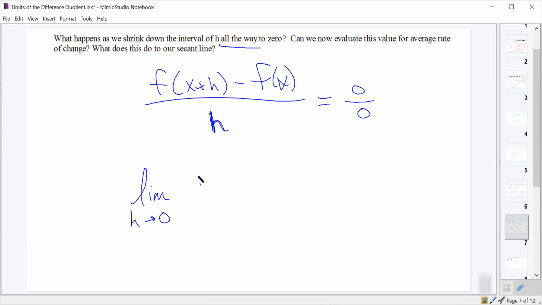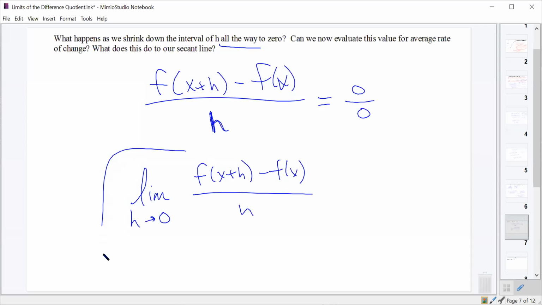The limit as h approaches 0 of f(x+h) minus f(x), over h, which is still indeterminate. It's still 0 over 0, but once it's a limit, there are lots of different ways we can deal with that. We can factor, we can multiply by conjugates, we can do the complex fraction thing, and all this other math to help us evaluate this limit.